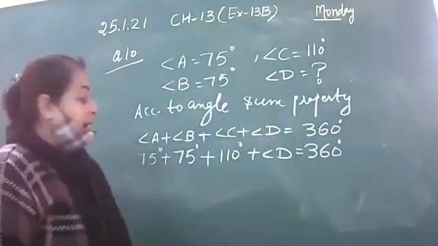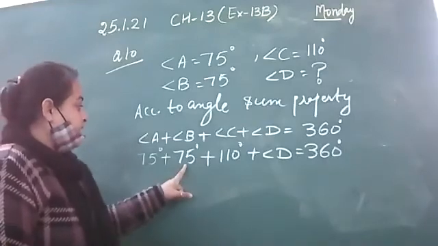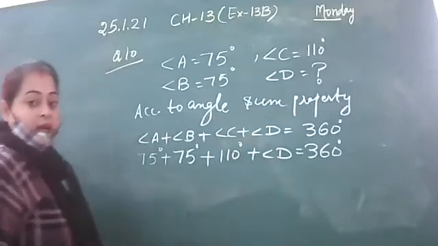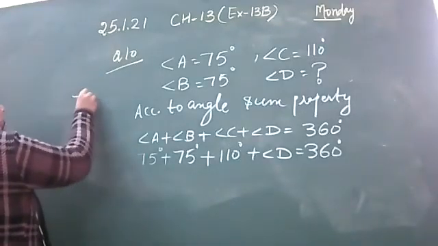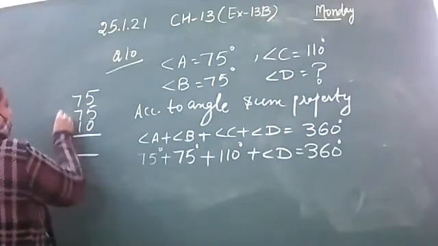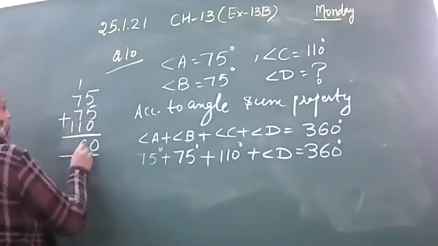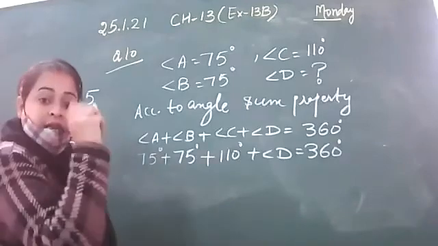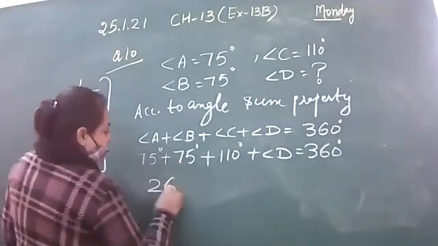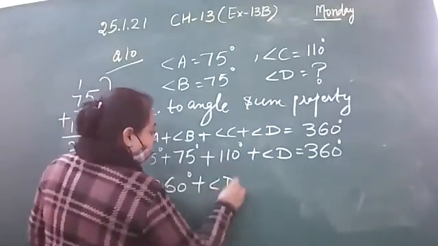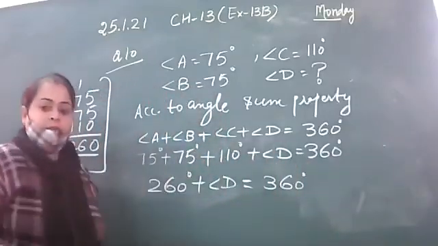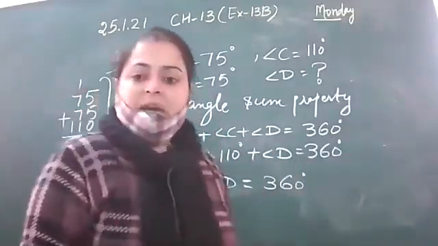Now add 75, 75 and 110. That is 260 degree. So 260 degree plus angle D is 360 degree. Now, what is the next step?